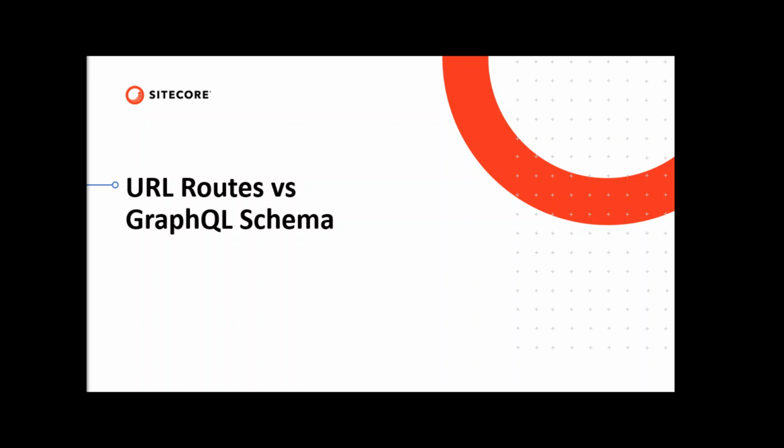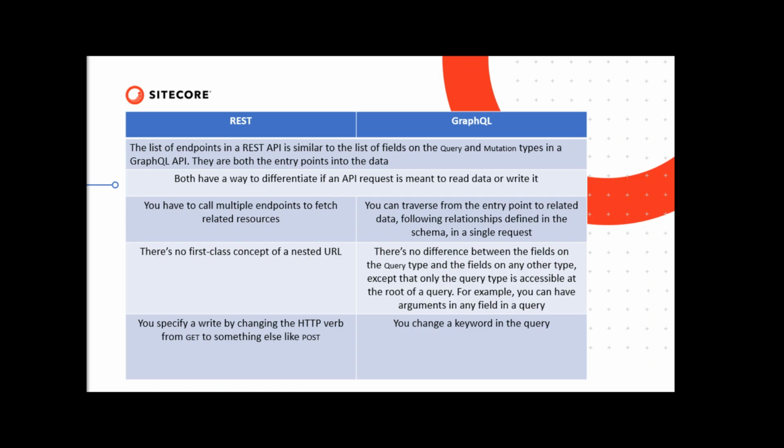For URL routes versus the GraphQL schema, actually it's the same as well. For REST and GraphQL, both of them we need to call our endpoint. We still need to differentiate whether the API request is basically a read or write.